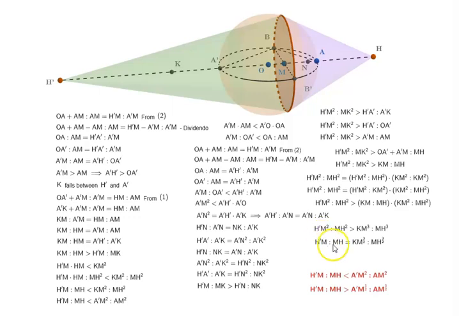H'm is to mH is greater than km to the power of 3 by 2 is to mH to the power of 3 by 2, by taking the square root on both sides. So these squares will disappear because of the square root, and here we will end up with 3 by 2 and 3 by 2, which is what we had to prove, that H'm is to mH is greater than A'm to the power of 3 by 2 is to Am to the power of 3 by 2.